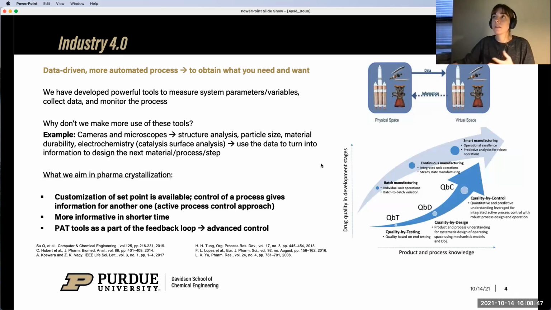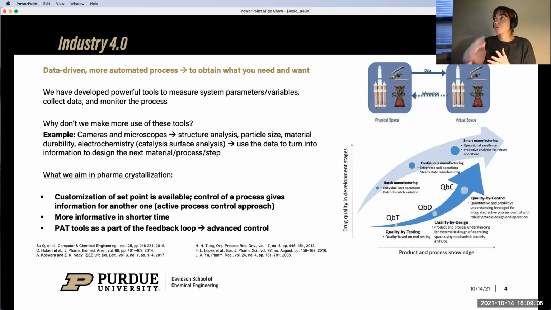So that is the paradigm, and actually this is the basis of my research. And I will focus on, of course, the Industry 4.0 methodology in pharmaceutical crystallization.